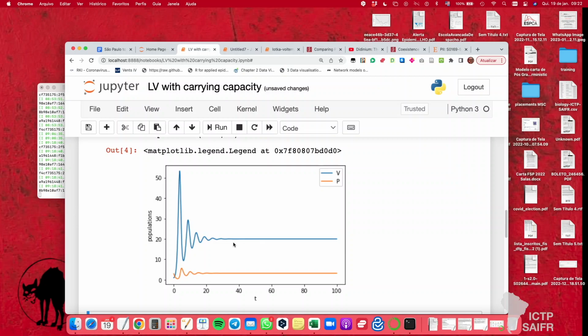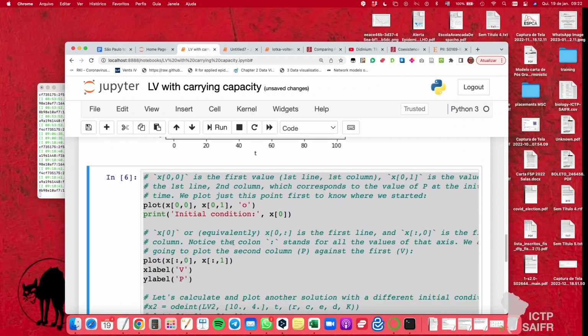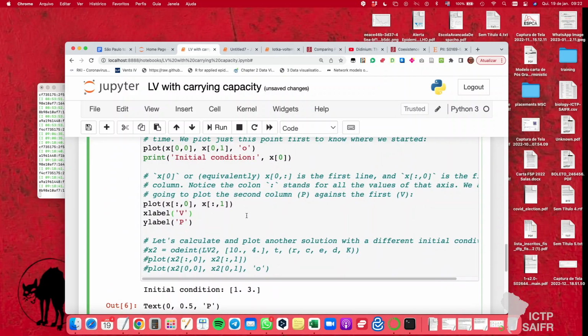Okay? So what happened is I get over time a fixed point which is approached through oscillations. So we can plot the phase diagram for this, which is not difficult.